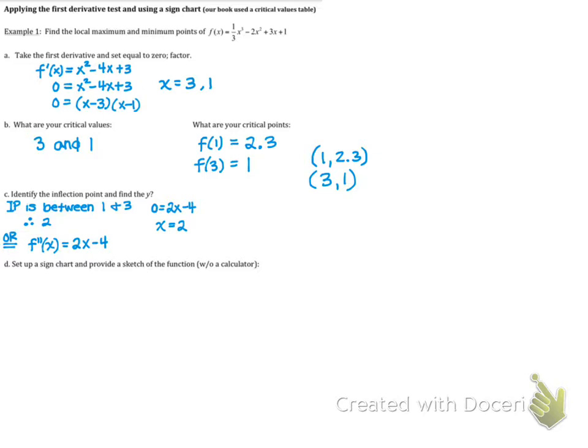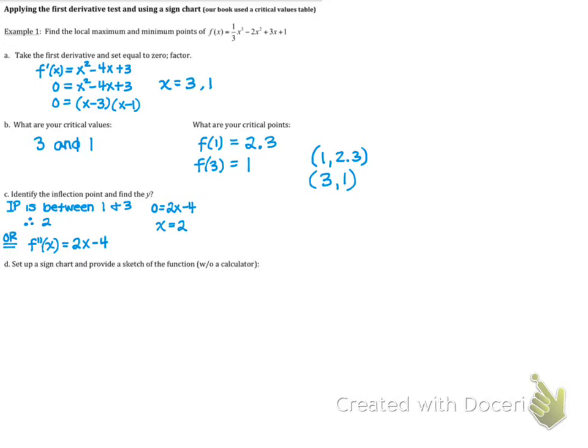All right, now I need to find the y. This is the root of the second derivative, which is the inflection point of the original. So I'm going to take 2 and plug it into the original f of x one more time, because they share that value of 2 for x.